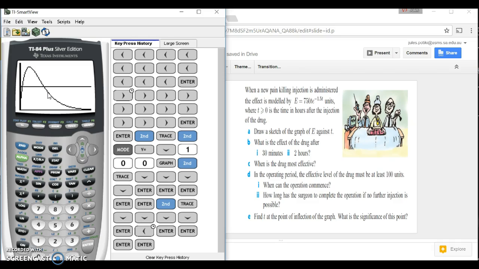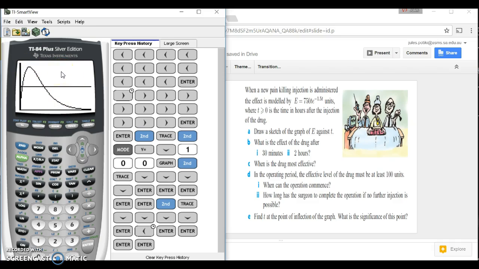So the way to find the inflection point, well, there's a number of ways to do it. We can differentiate the function twice and set it equal to 0. Another option would be to differentiate the function once, graph this, and then look for the local minimum in the same way that we just looked for this local maximum. So I think that's probably enough.